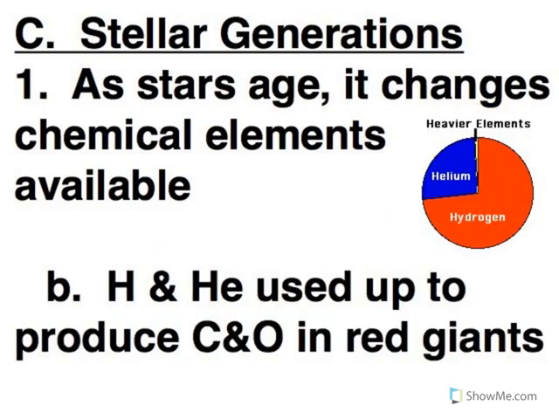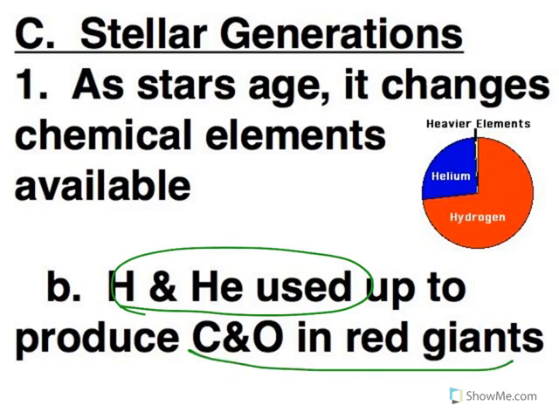But of course, when a star goes through its life cycle, it uses up the hydrogen and helium and gets to the point of producing carbon and oxygen in red giants. So now we have a small percentage of elements that aren't hydrogen and helium.